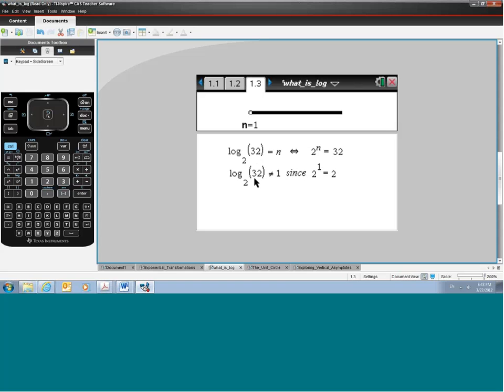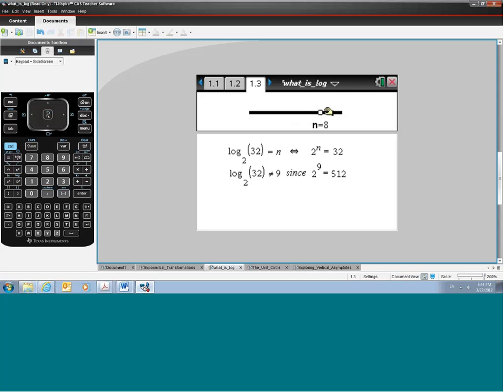Well, clearly, when n is 1, it doesn't work, because log base 2 of 32 does not equal 1. Try 2. Still didn't work. Let's try 3. Hopefully the student will at some point make a hypothesis. I think it's going to be 5, because 2 to the 5th is in fact 32. And then they can see, yes, it works out.